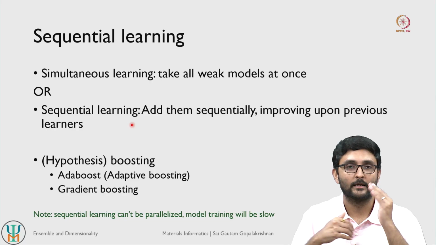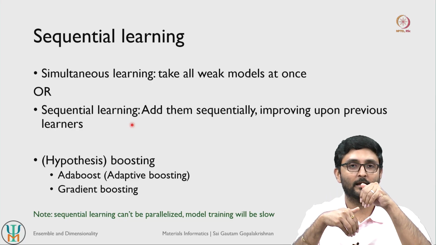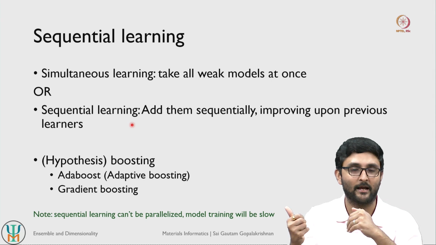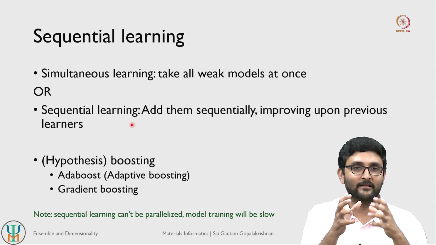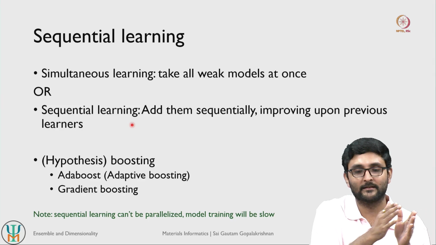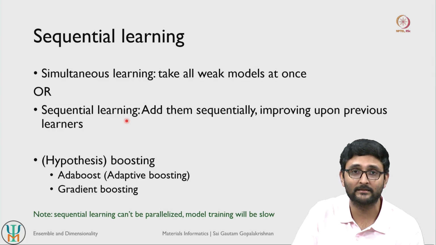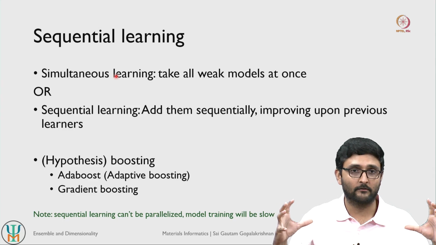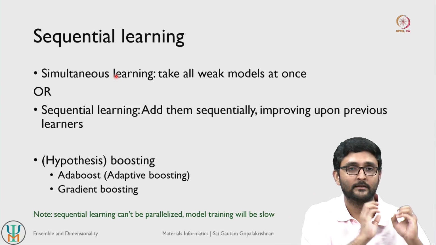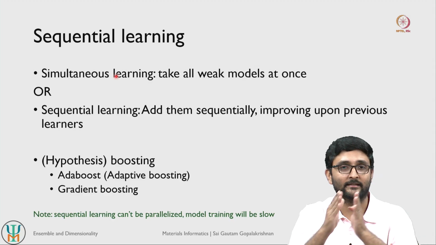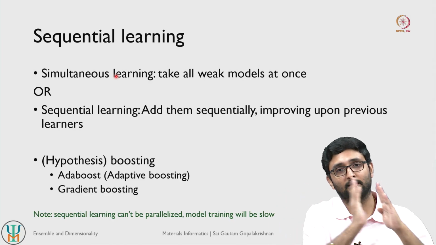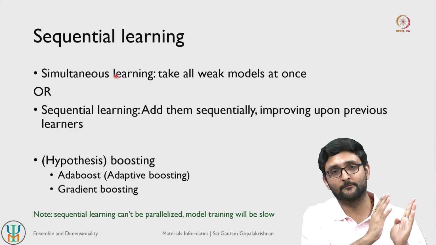So if you learn in a stepwise manner, you create weak models in a stepwise manner, and you design them such that each weak model is better than its predecessor, that is referred to as sequential learning. So simultaneous learning is train all the models at once and make an aggregated prediction. Sequential learning is you train models in a stepwise manner where every successor model is trying to be better than its predecessor.